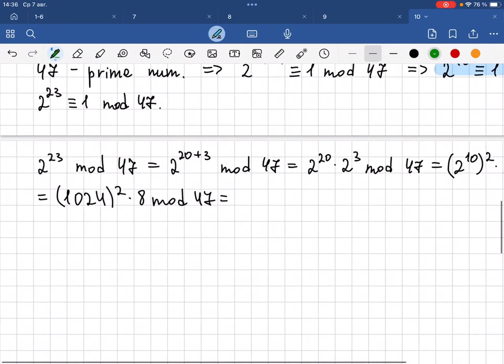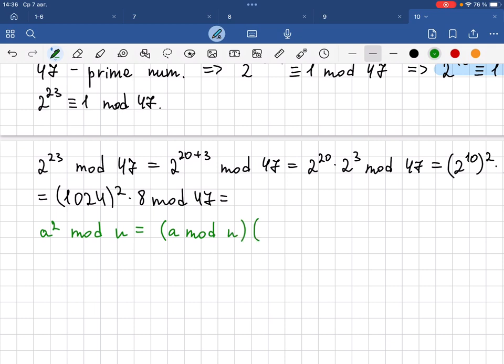And we know the property that a squared mod n equals a mod n multiplied by a mod n, mod n.